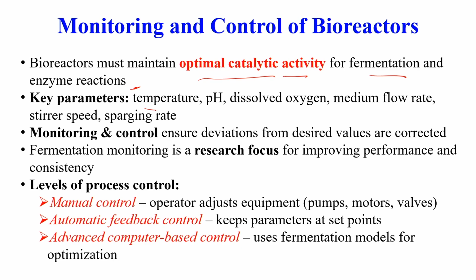I have listed a few here: temperature, pH, dissolved oxygen, liquid flow rate, stir speed, sparging speed. These last two are relevant for aerobic culture. Once you know these are the parameters, you need to monitor and control them. First you need to monitor, then only you can control. Monitoring and control ensure deviations from the desired value are corrected.